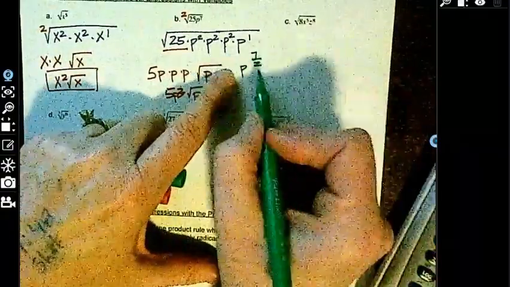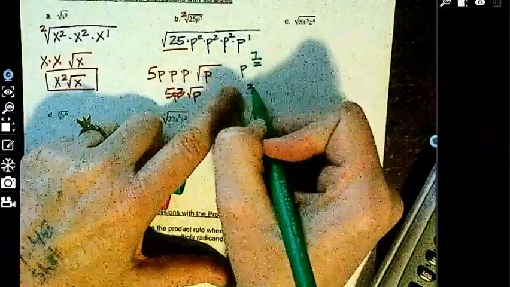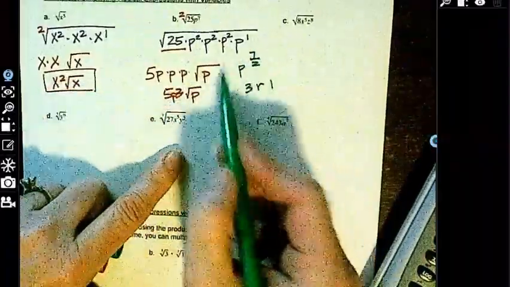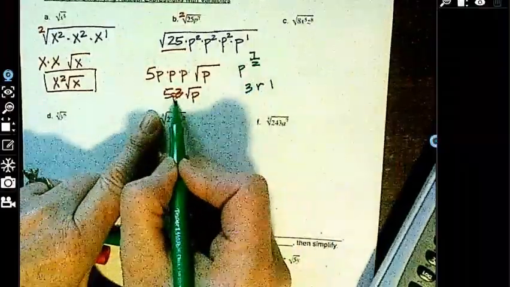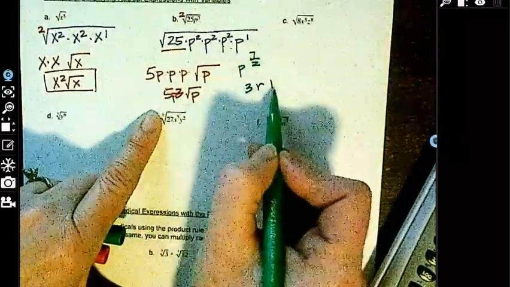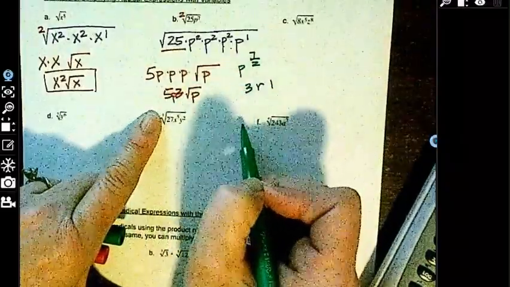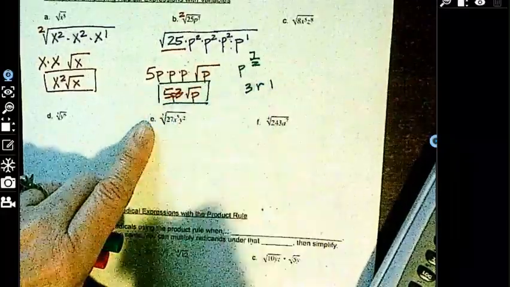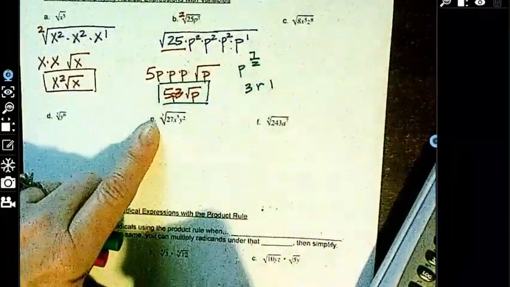So 2 goes into 7 3 times with a remainder of 1. So I know that that's going to be p cubed. I can take 3 p's out and 1 will be left over. That's another way to think of simplifying variables. Let's take some practice. Let's keep going.